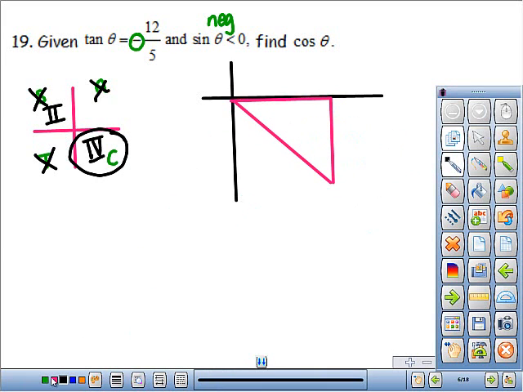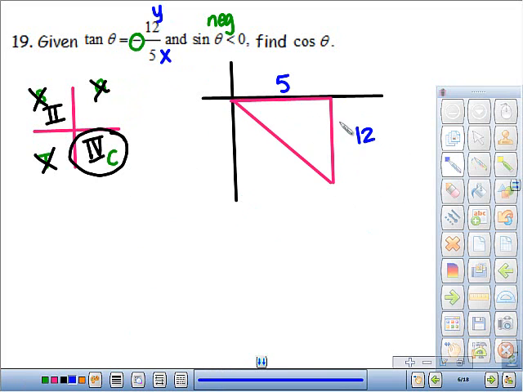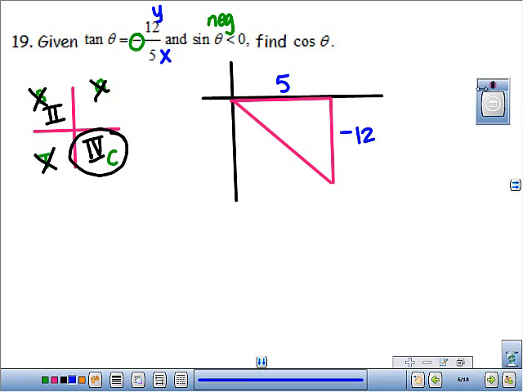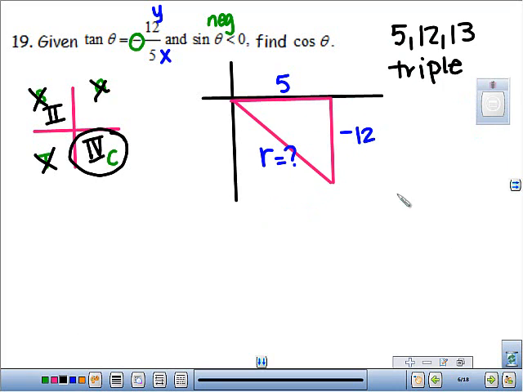And tangent is y over x. So my y is 12, my x is 5. One of them has to be negative, and that's going to be the y, because we're in quadrant 4. You can use the Pythagorean theorem to find your r. And hopefully, some of you at least, recognize this as a Pythagorean triple. This is a 5, 12, 13. If you know that, you don't have to work out the Pythagorean theorem.